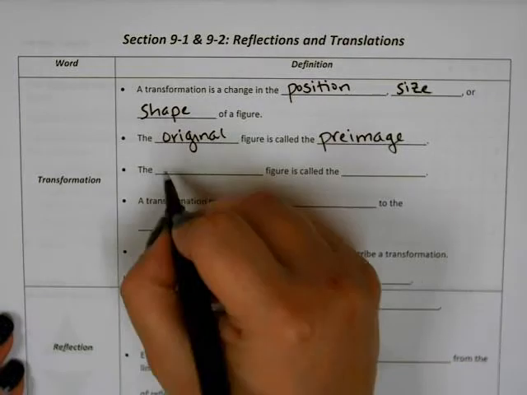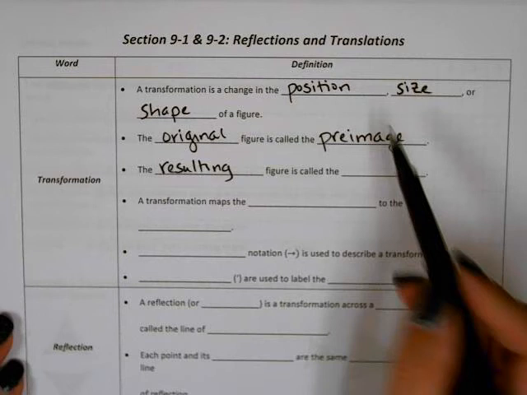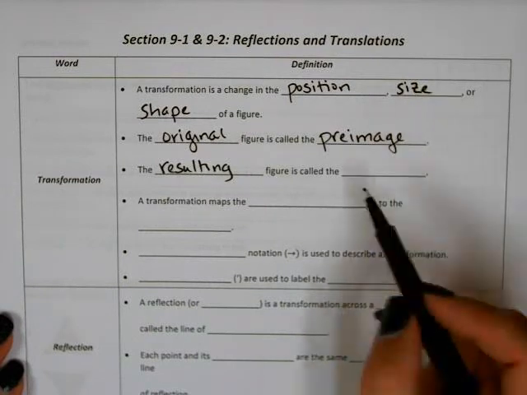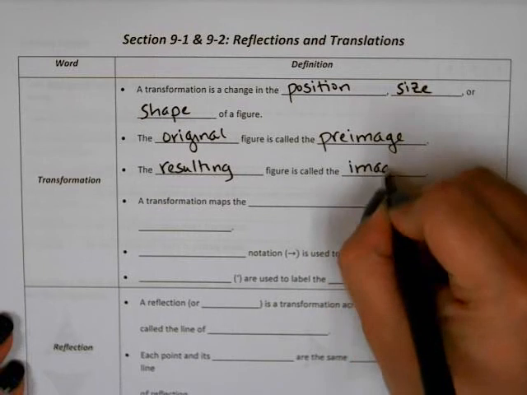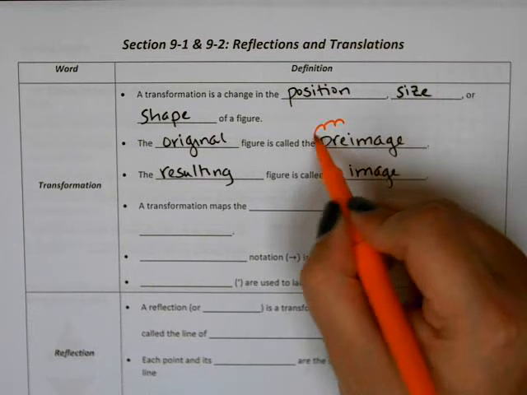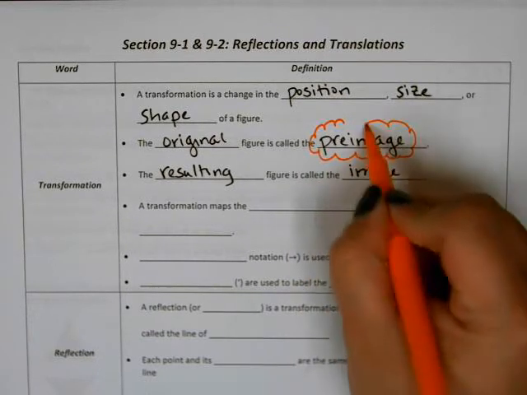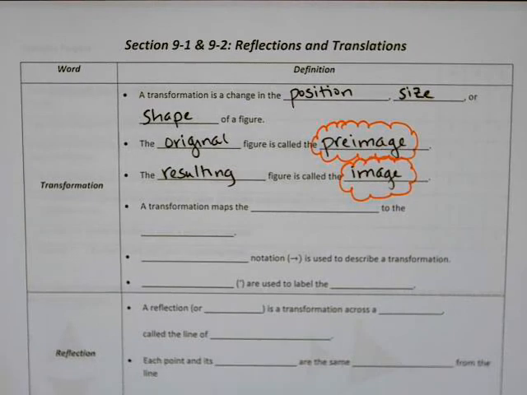The resulting figure, the one that we get once we've either moved it or changed the size or the shape, is called the image. Knowing the difference between the two of those is going to be big. The original is the pre-image. The resulting is the image.